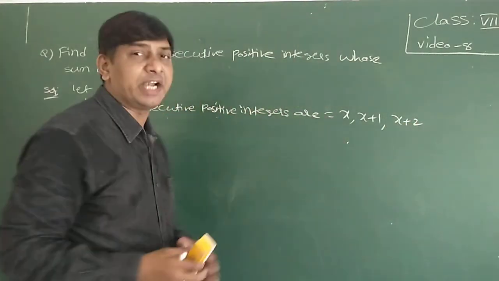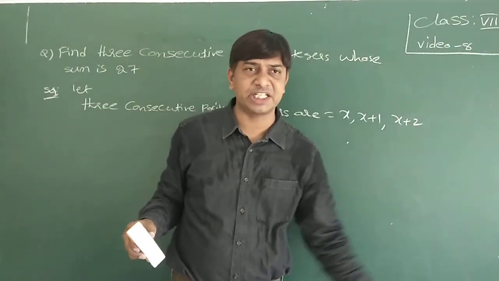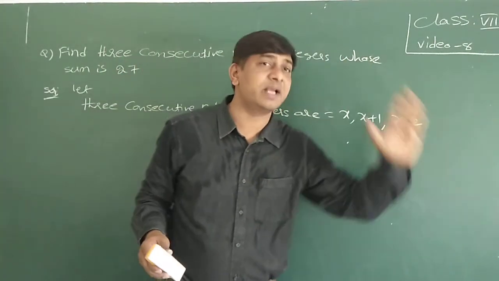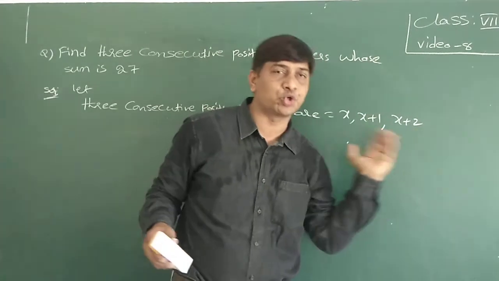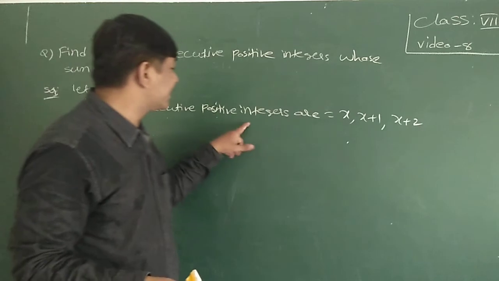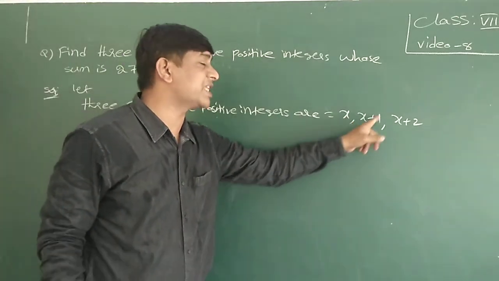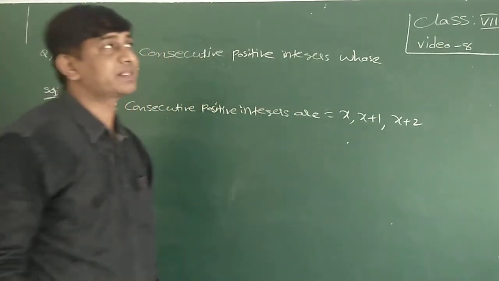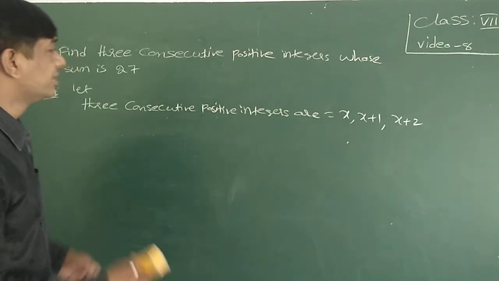Let the three consecutive positive integers be x, x plus 1, x plus 2.